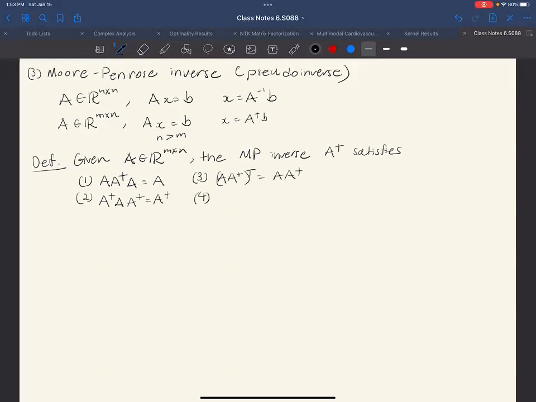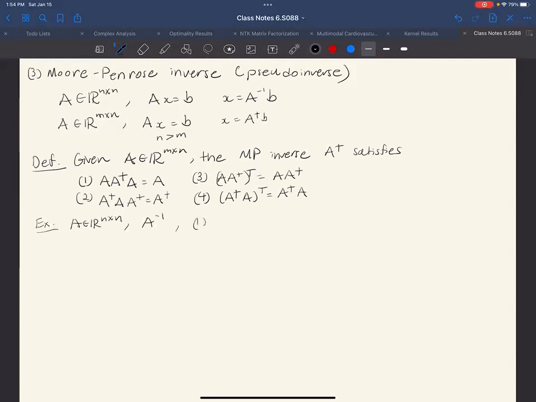So what are these properties trying to get at? Well, these are all properties that are all satisfied for the normal usual inverse. And let's just check this. So first, let's say A is an n by n, and it has an inverse A inverse.